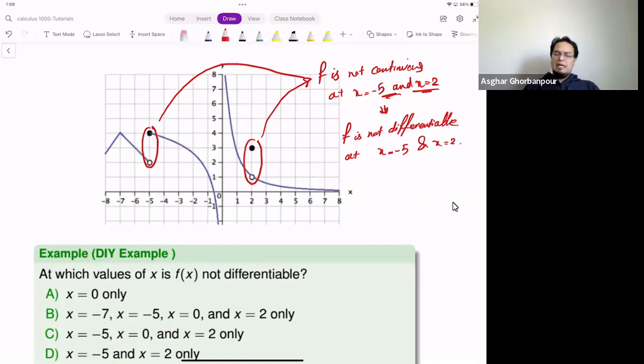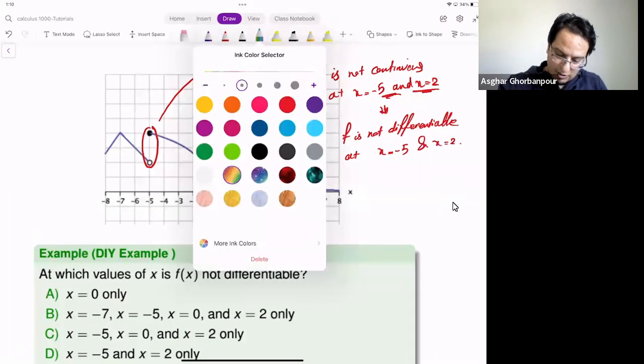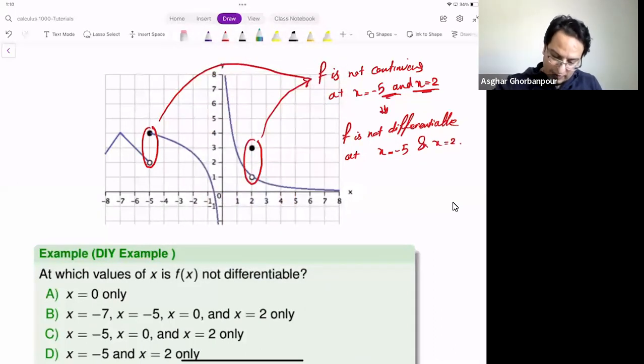Okay. But is there any other point? So here's what you should remember. You're basically looking for all the points at which you can draw a tangent line, which is not a vertical tangent line. So for example, I can use my daughter's choice of colorful pens.